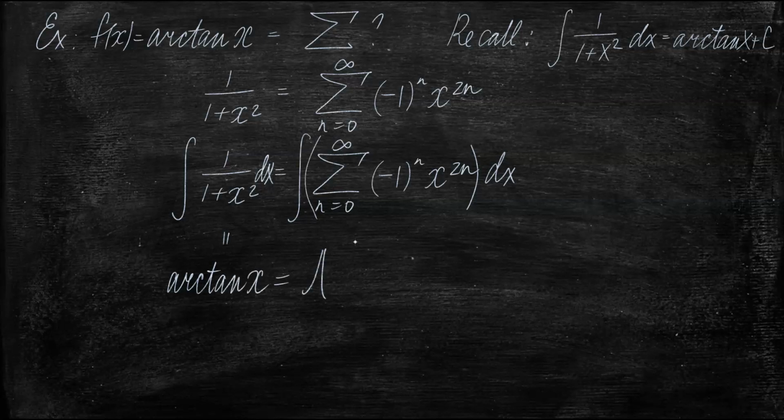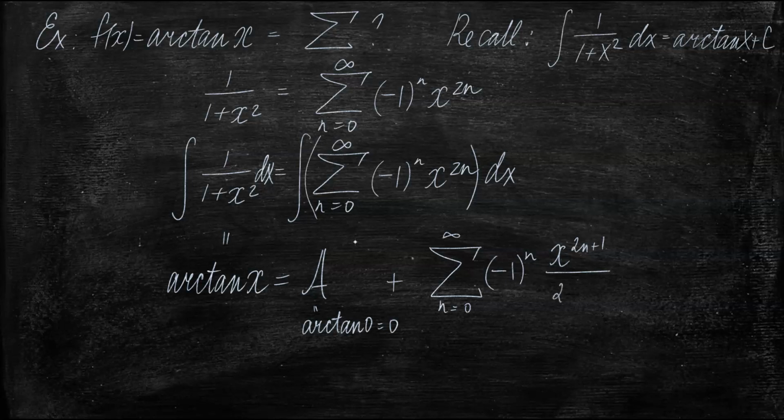On the right hand side we're going to have the constant of integration a, which is f of 0, which is in this case arctan of 0, which is 0, so we don't have to worry about it. And now we add the series obtained by term integration of the original series. So we're going to have negative 1 to the power n x to the power 2n plus 1 over 2n plus 1, and that's pretty much it, right?